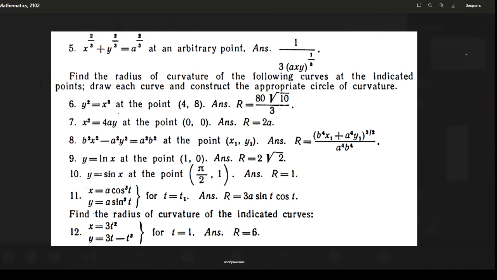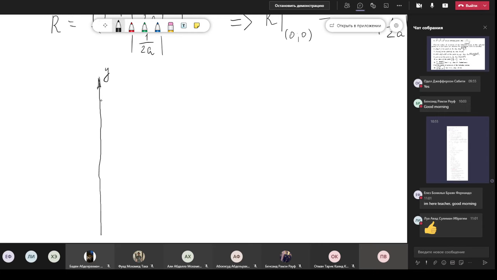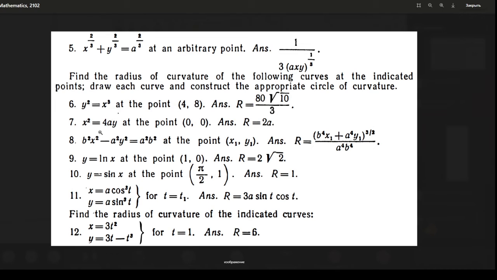And we have y is x squared, and here the x-axis. Very good. And we have y is x squared over 4a.